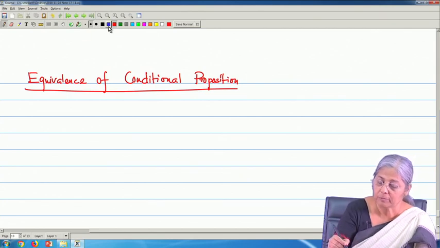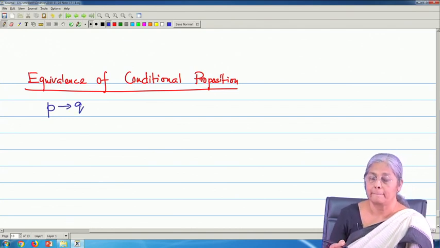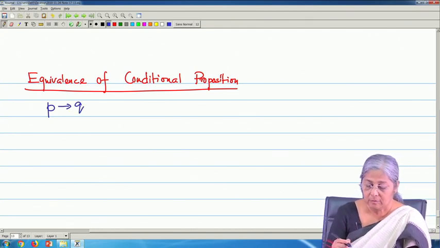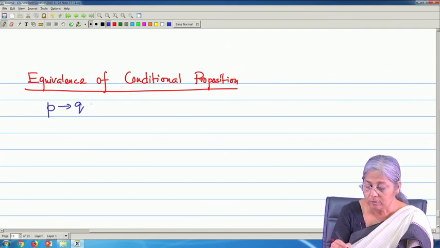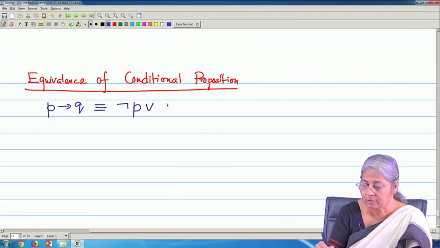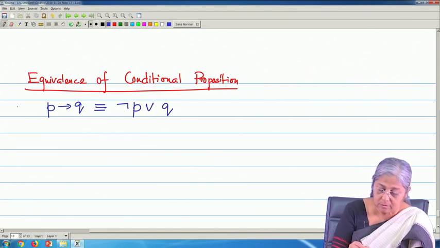The conditional proposition, we know that P implies Q is equivalent to negation P or Q. This is one.